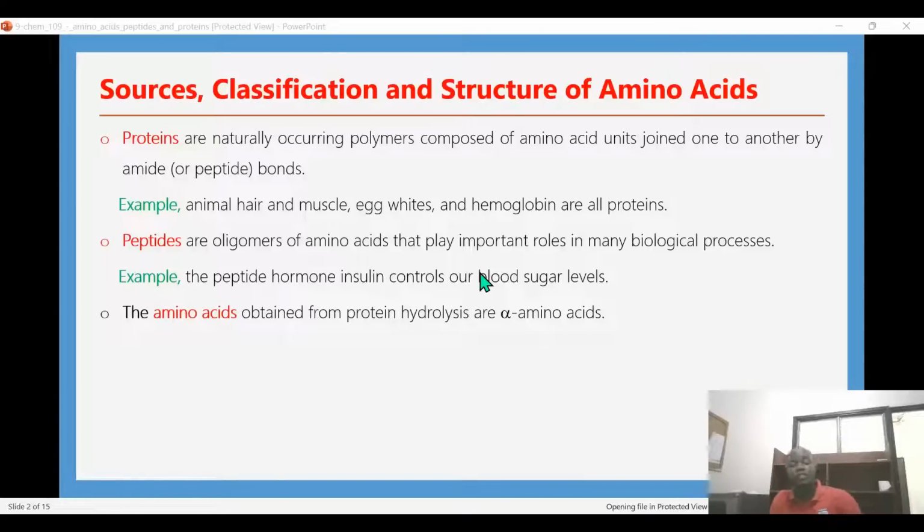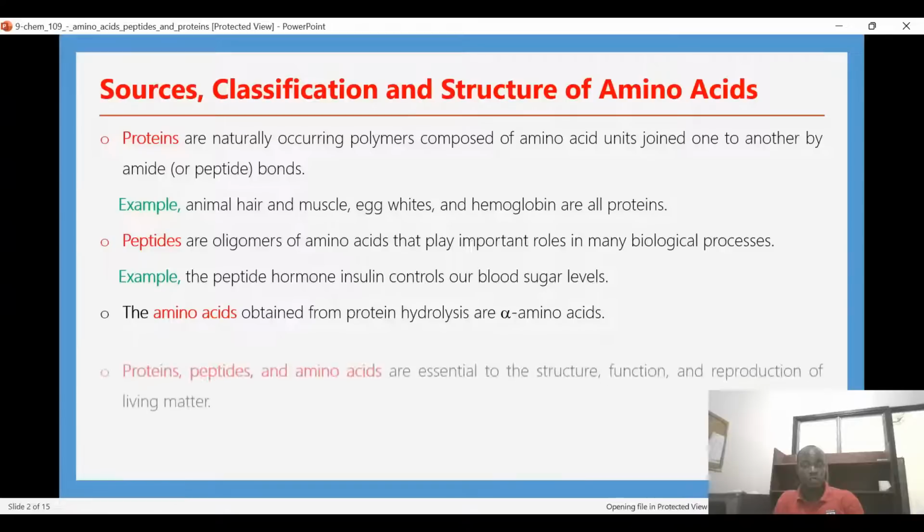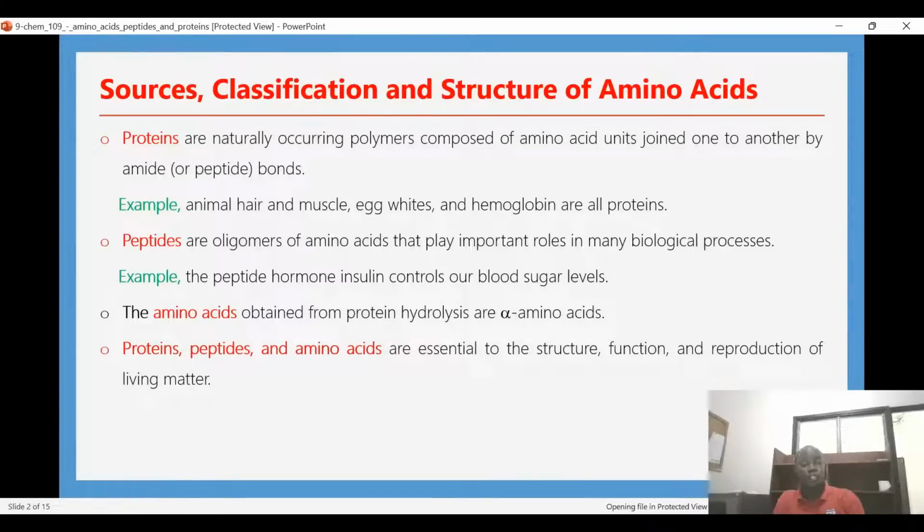Okay, so the next thing: if you want to get amino acids, it is through hydrolysis. Proteins, peptides, and amino acids are essential to the structure, function, and reproduction of living matter.